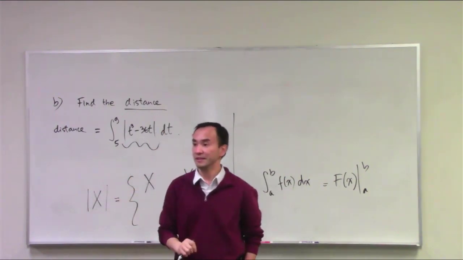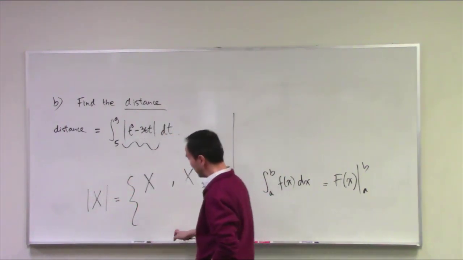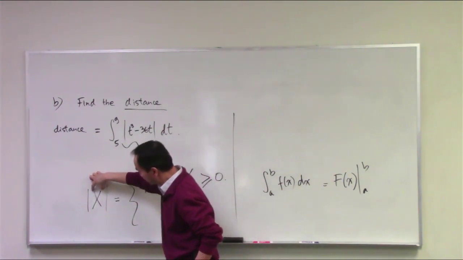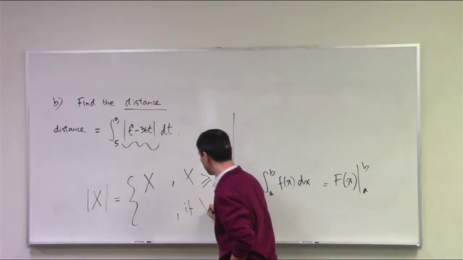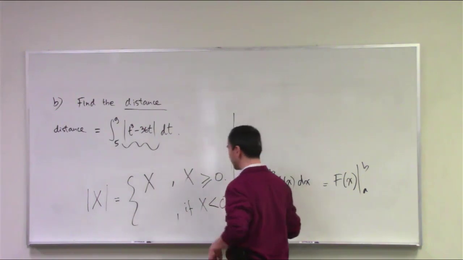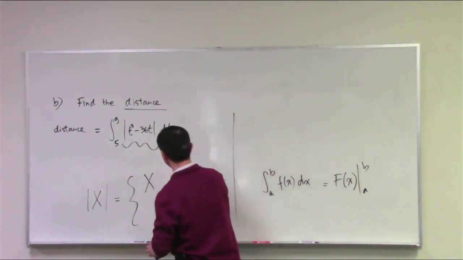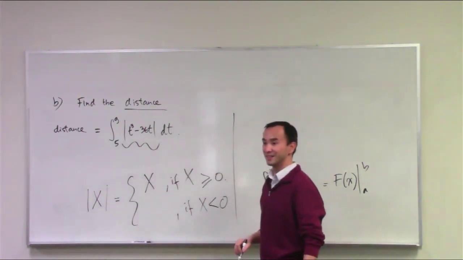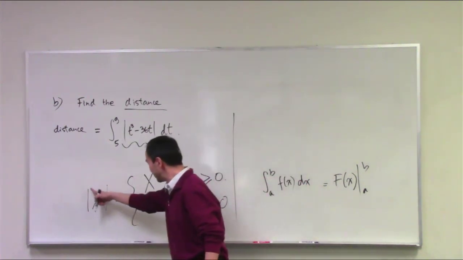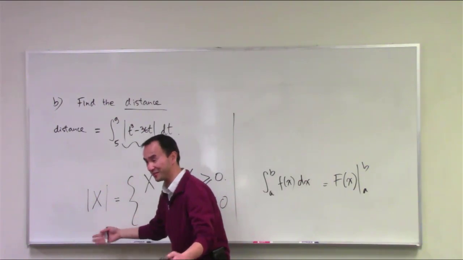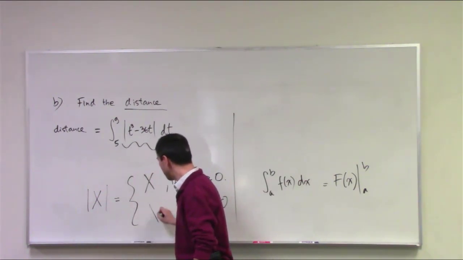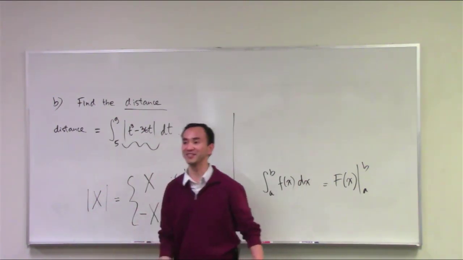But on the other hand, if you know that the expression inside the absolute value is a negative quantity, I should have put the "if" there as well, then to get rid of the absolute value but still maintain the positiveness of your final expression, you have to put a minus sign there.